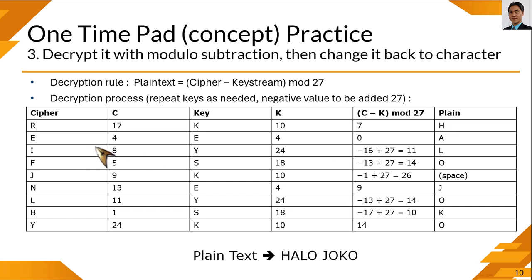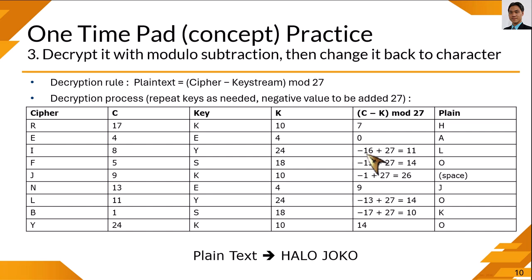We do this for all of the letters, and if the cipher number is lower than the key number, such as in the letter I here, the number is 8 with the key Y, the number is 24. 8 minus 24 will be minus 16. It's okay if we have a minus number.